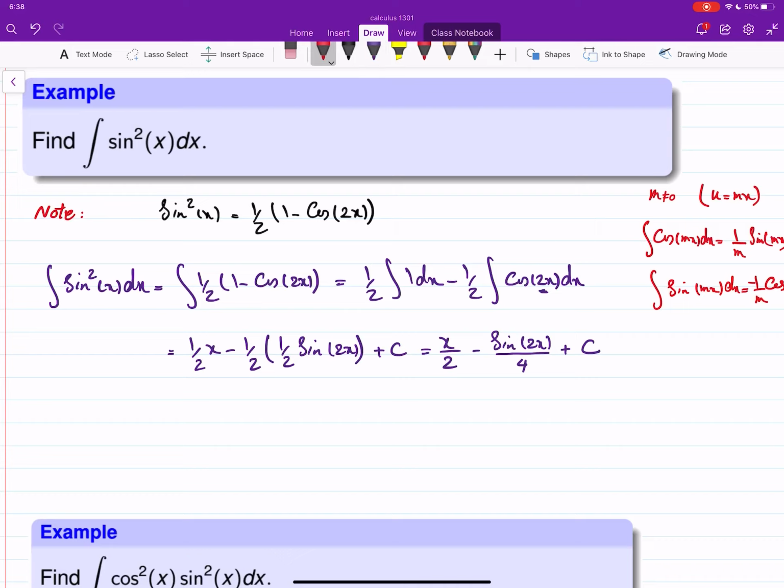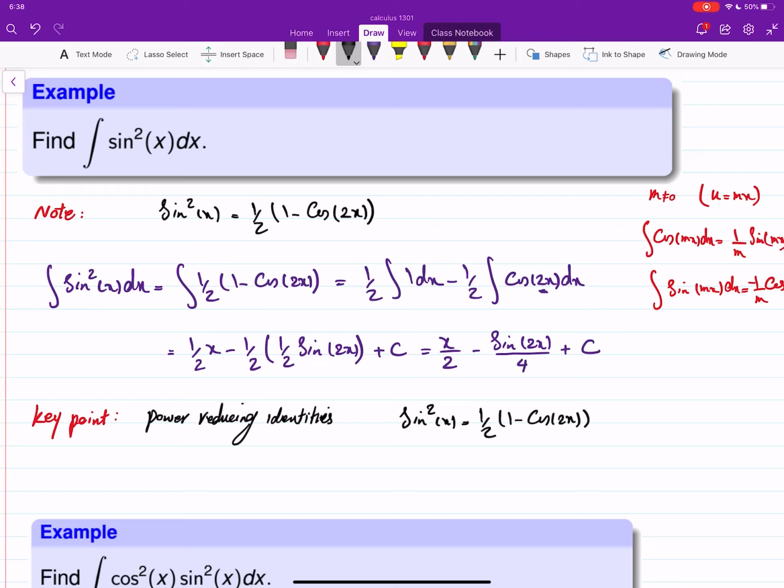So the key point when we are dealing with even powers of sine and cosine is what is called the half angle formula, or your book likes to call it power reducing identities. For sine we already saw it's half of 1 minus cosine 2x.